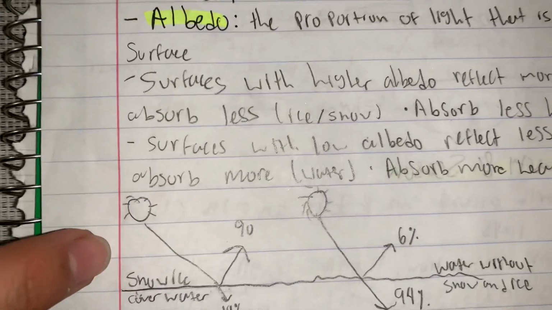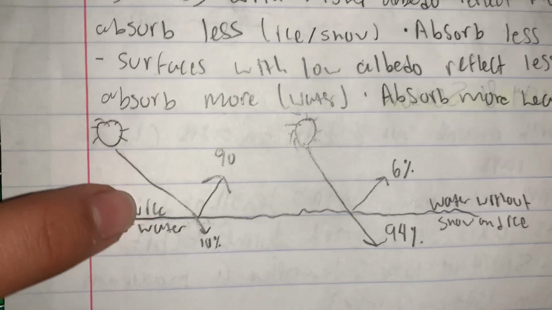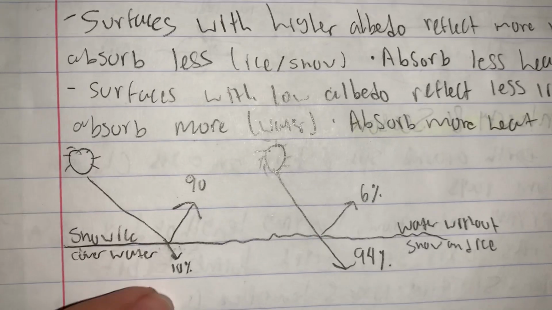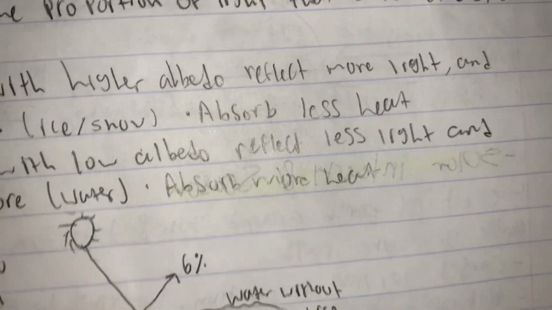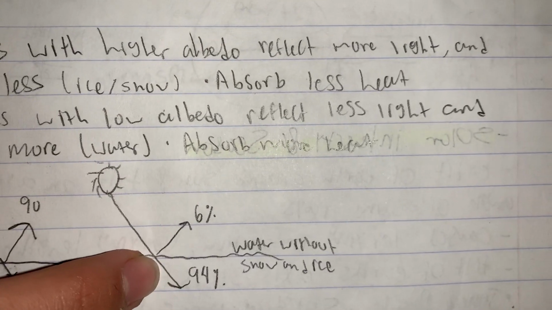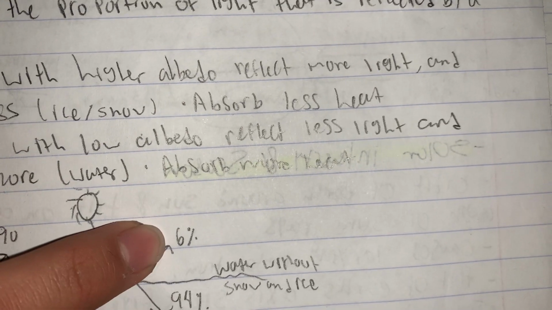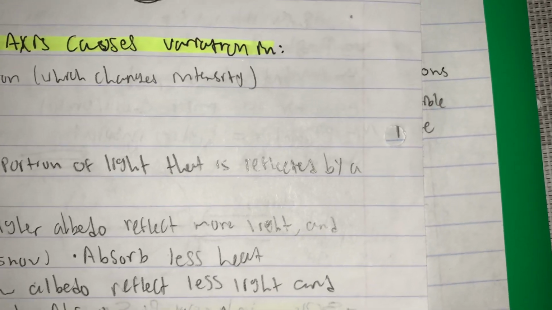And here's an image of how when it hits snow and ice, it reflects 90% up and 10% down to the water. And the other way is when it's water without snow or ice, it goes 94% to the bottom and 6% to the top of how it reflects the heat.